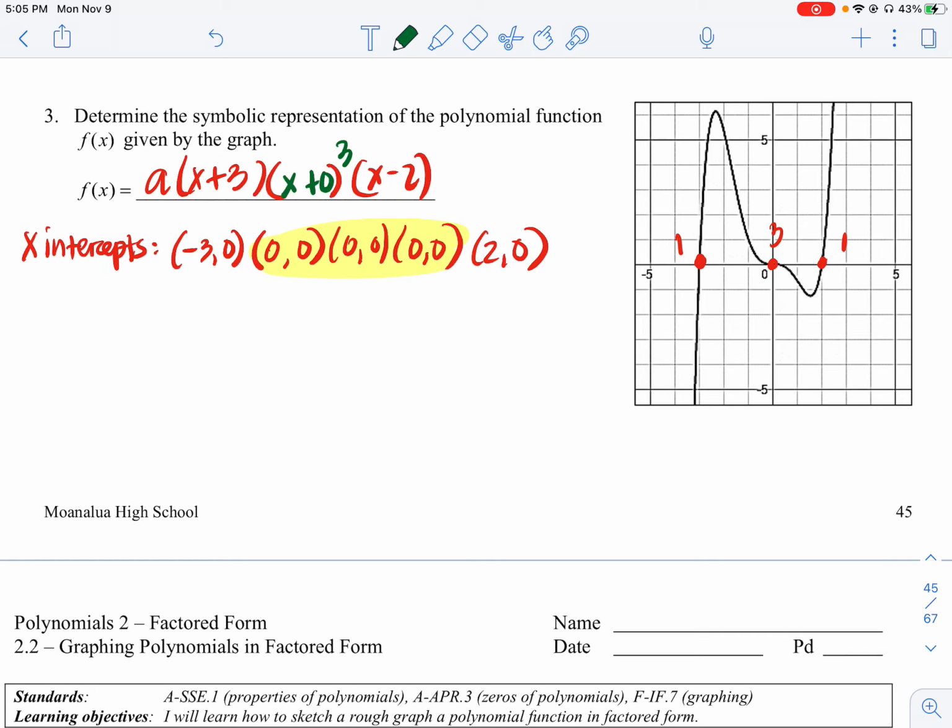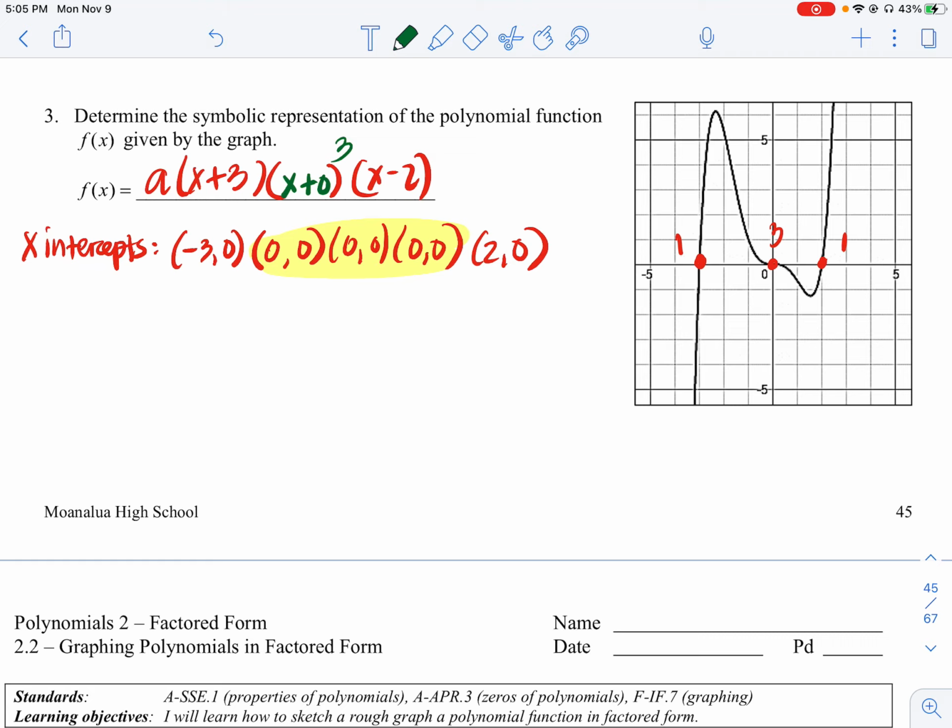Can I just write that as x cubed instead? You can. You can just do it this way. Just that. X cubed. And that is perfectly fine, you guys. But for sanity purposes, let's put x plus 0 in there. But again, you don't have to.